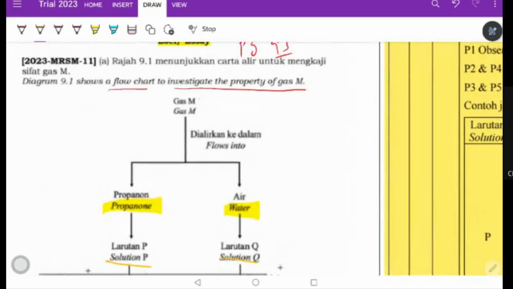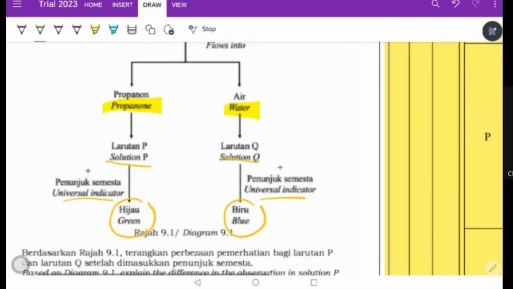Universal indicator, gas M. My prediction just now is wrong. Now universal indicator.